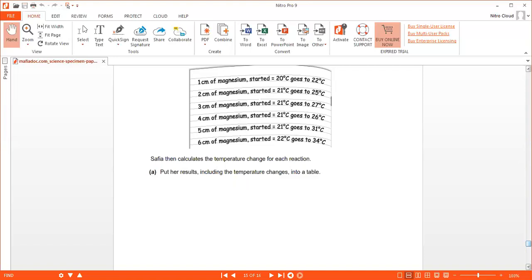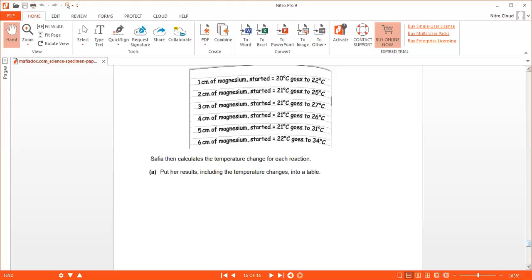The first one, 1 centimeter, temperature at the start 20, at the end 22, the change in temperature 2. Then the length of 2, temperature 21 at the beginning, at the end 25, and the change is 4. Length in centimeters 3, the temperature before is 21, after is 27, the change in temperature is 6.